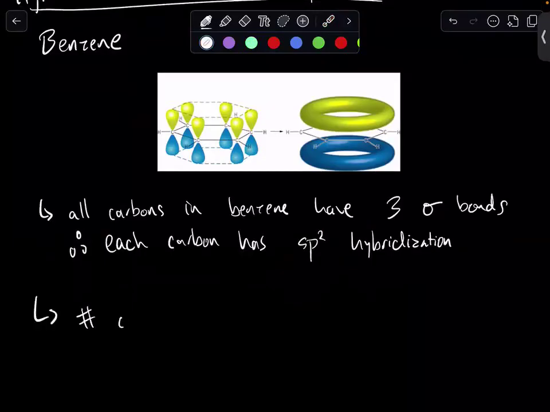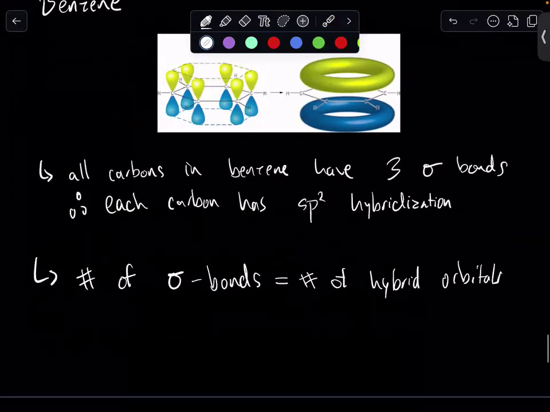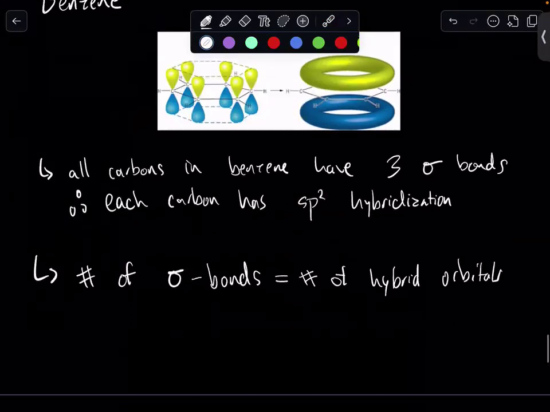The number of sigma bonds is equal to the number of hybrid orbitals. And so you can use that to reference anything. You can even use it to reference ozone. So that central oxygen is going to have 2 sigma bonds, so it'll be sp.